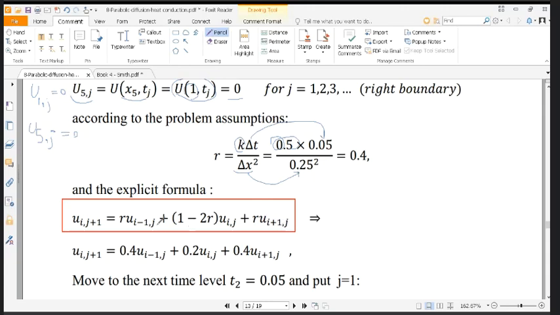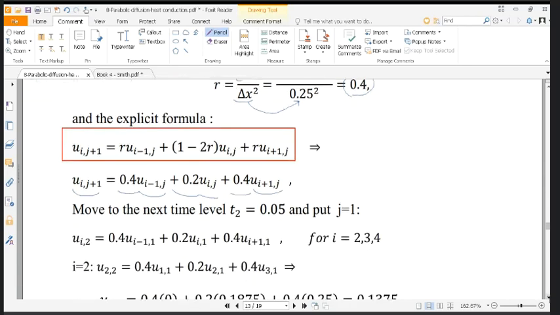And we put r as 0.4, and we have ui,j+1 equal to 0.4 ui-1,j plus 0.2 ui,j plus 0.4 ui+1,j. And we move on to the next time level.